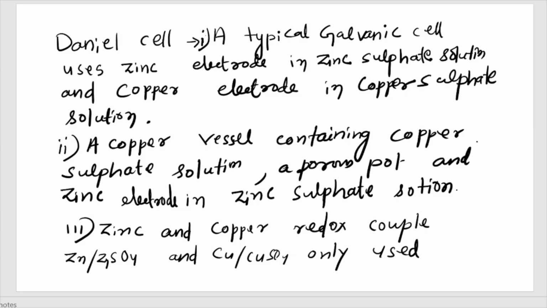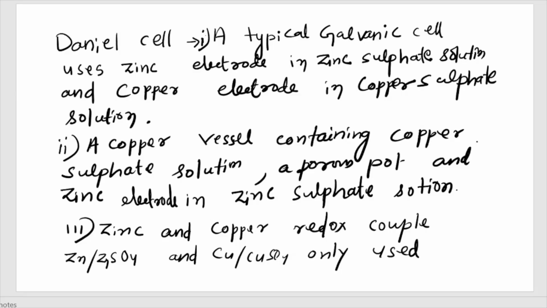Here a copper vessel contains copper sulfate solution, with a porous pot in the middle, and then zinc sulfate solution containing the zinc electrode.